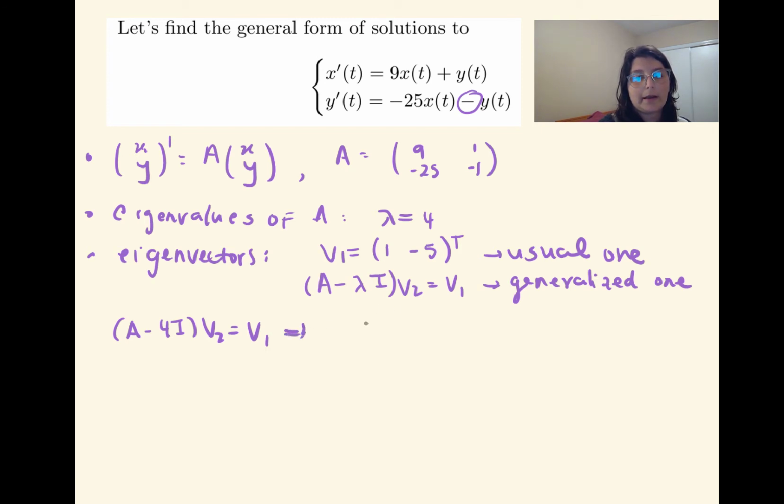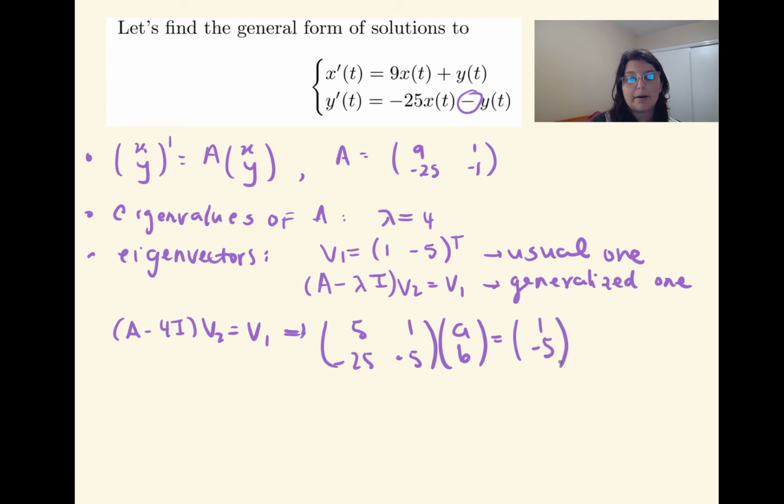We get 5, 1, minus 25, minus 5, just as before, times, let's say v2 equals (a, b). Here we have a new a and b. That should give us the v1 we chose, so that's (1, minus 5).